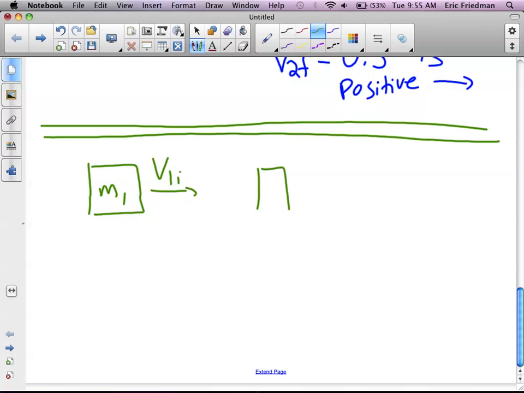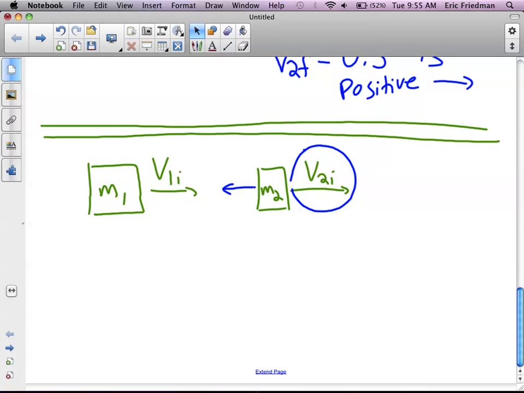Now I'm going to label this one M2, and I'm going to put V2 initial. I don't know whether V2 initial is going to be positive or negative. This could be a positive number or it could be a negative number, so it could actually be that V2 initial is going that way. I'm not sure, but it'll be given in a problem. We're just keeping them variables for now.